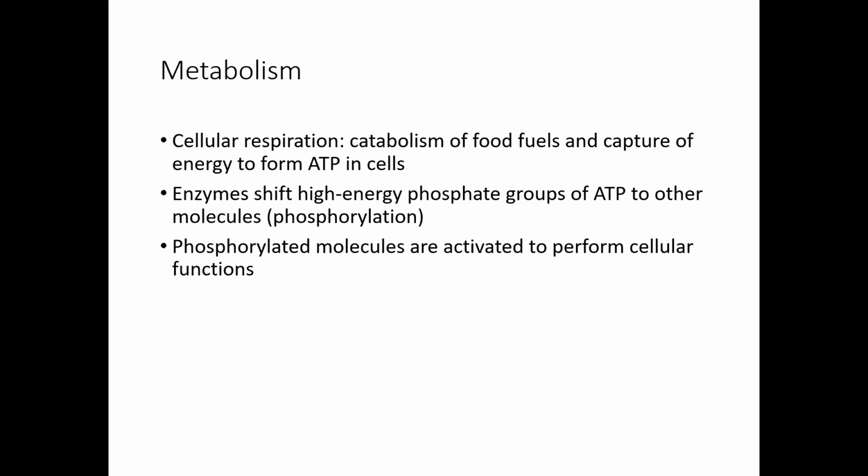So the first term to know is cellular respiration. The second term to know is phosphorylation. Enzymes shift high energy phosphate groups of ATP to other molecules. Phosphorylation. In other words, when we make an ATP molecule, we can use that ATP to power activities in our cells, the sodium potassium pump.